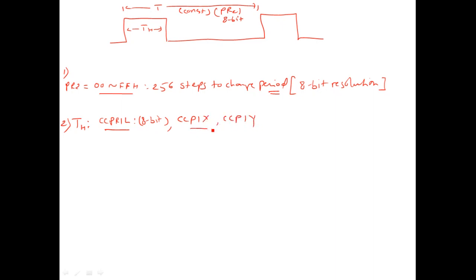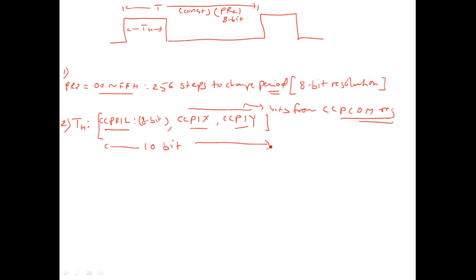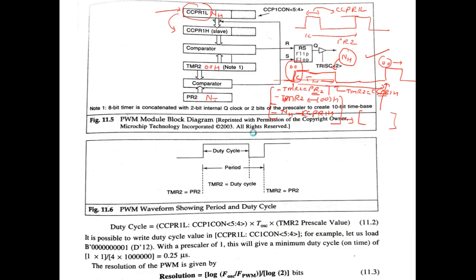So these are the 2 bits from the CCP-con register. These 2 bits are appended to these 8 bits of CCPRL, so as to make the total count 10 bit.